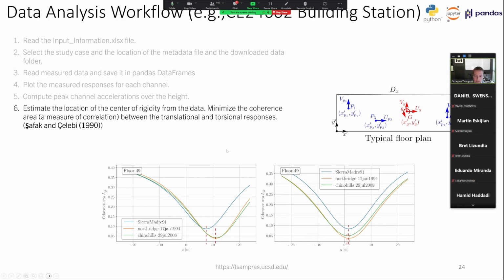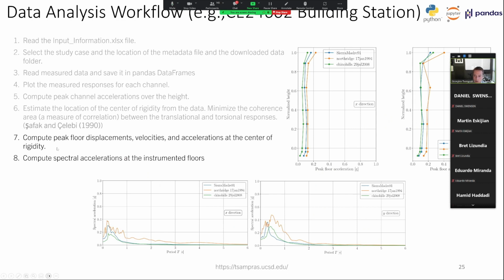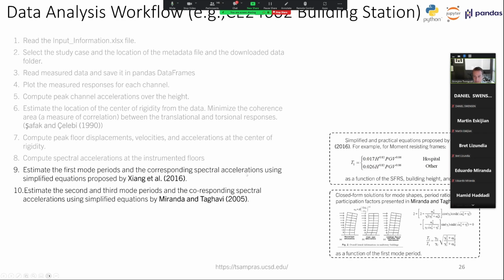So this is an estimate that helps us next to compute the peak floor displacements, velocities, and accelerations in the two orthogonal horizontal translational directions and decompose the torsional response. And then we can compute spectral accelerations for these instrumented floors based on these decomposed signals.